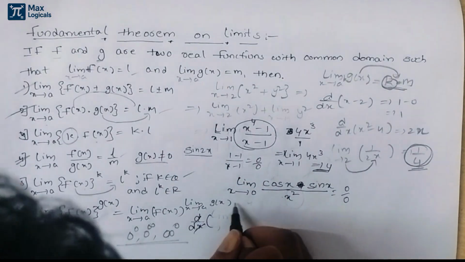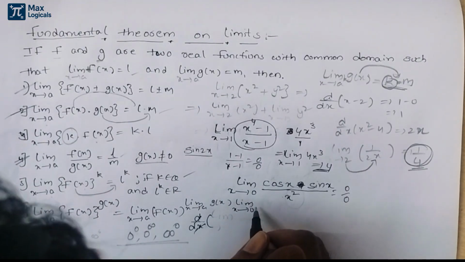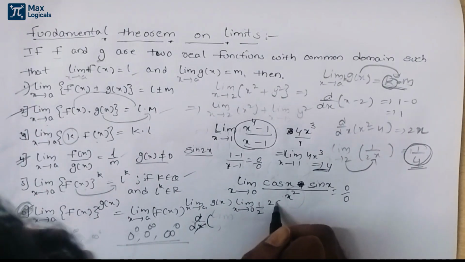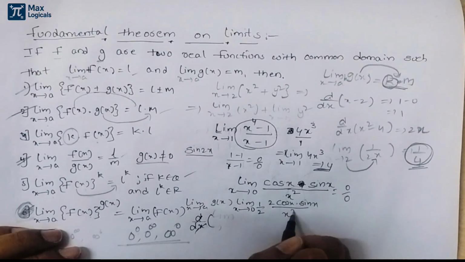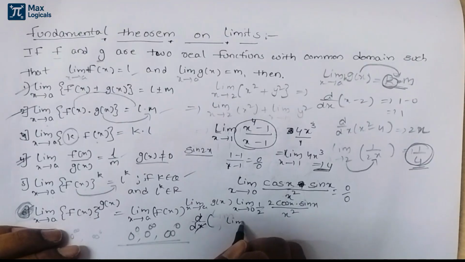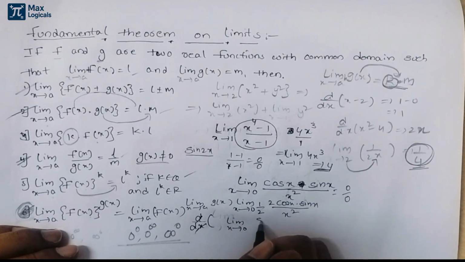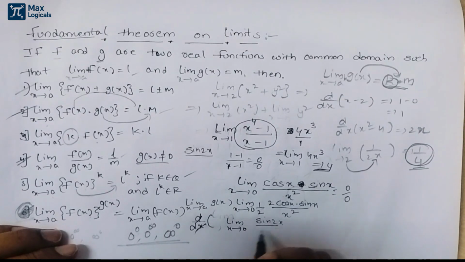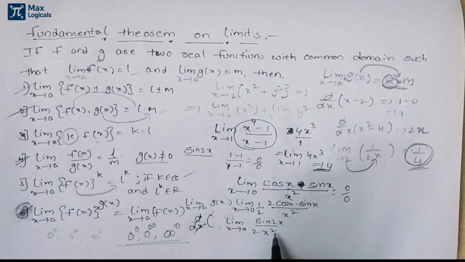I do one thing: the limit as x tends to 0 of 1 by 2 times cos x sin x by x square. Here 2 sin x cos x means sin 2x, so sin 2x by 2x square. Here also, sin 2x by x square has limit 0 by 0, so it is an undetermined form.